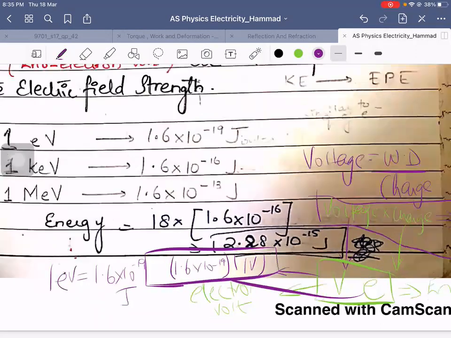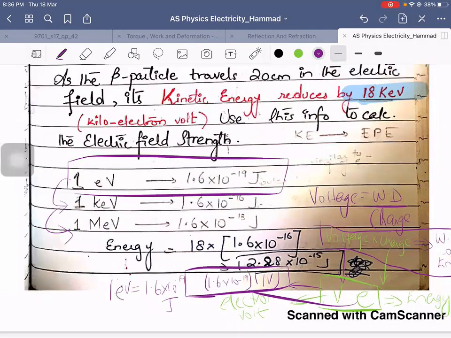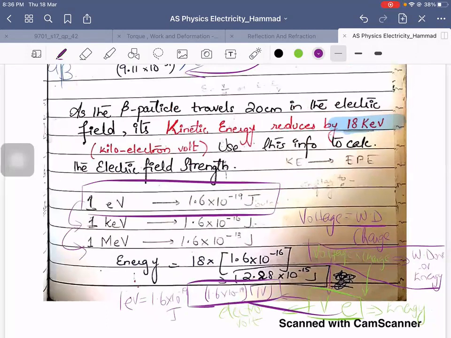Kilo as in you increase the value by 1,000. So 1.6 into 10 to the power minus 16. Mega as in increase the value by 1 into 10 to the power of 6. They told you that the beta particle had lost 18 kilo electron volt.